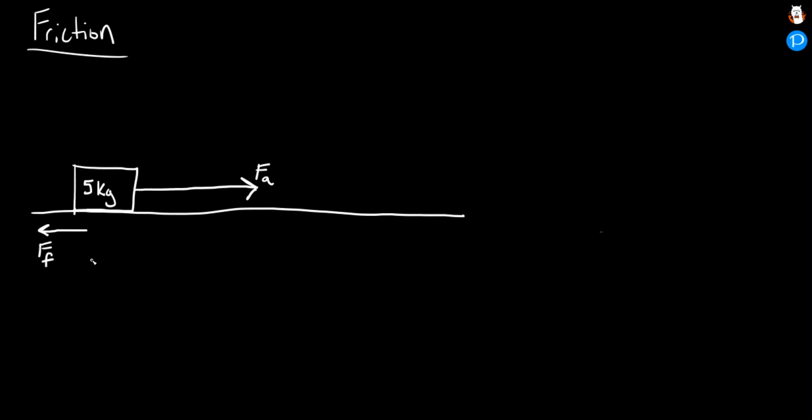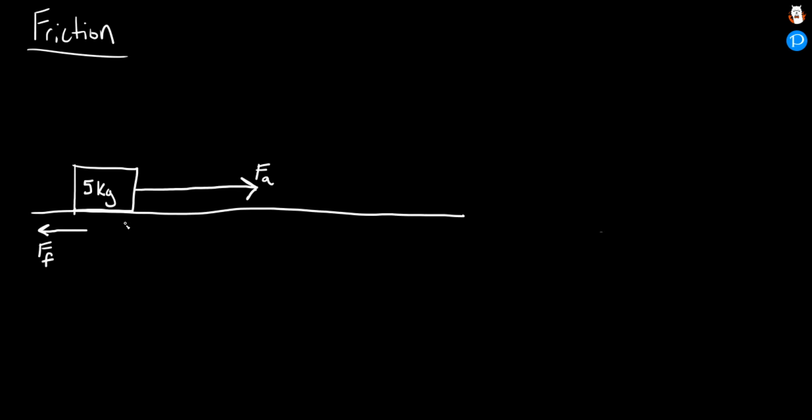Now we want to talk about how we can calculate the amount of friction that an object experiences. Let's think about what would change the amount of friction this block experiences.